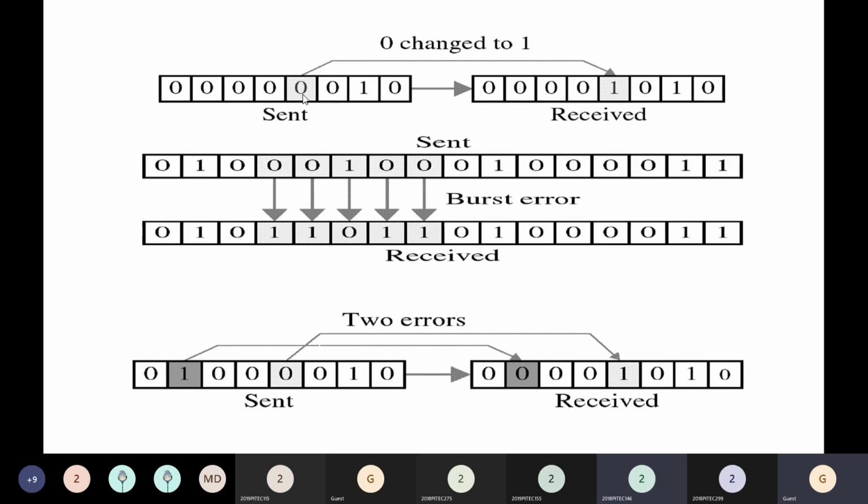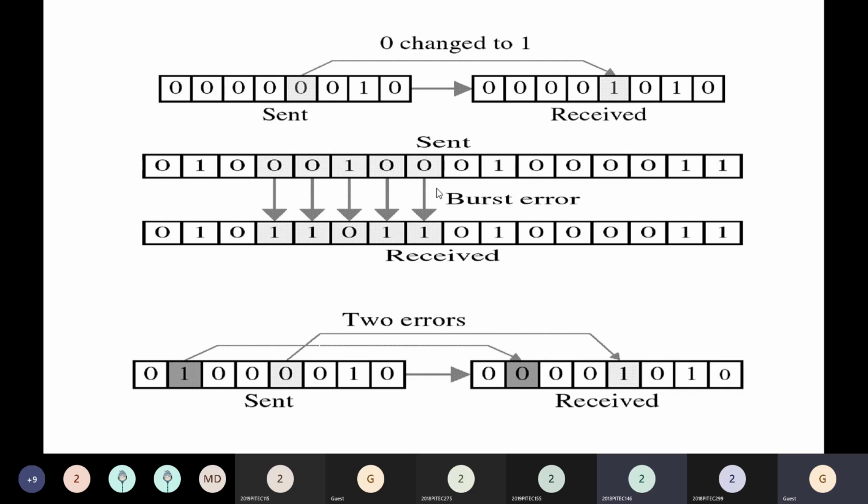The binary bit 0 in the fifth position gets changed into binary 1. So 0 is changed into 1. A single bit is subjected to error in this particular group of binary bits transmission. If you transfer these 8 bits, the fifth position is prone to error.